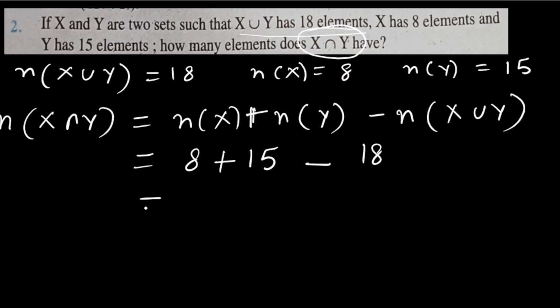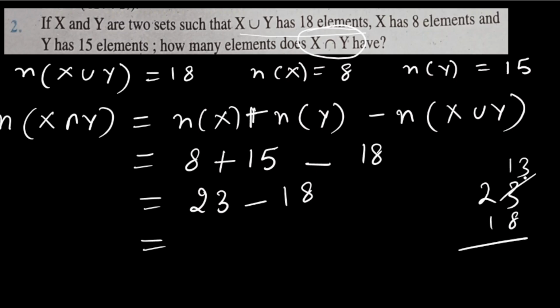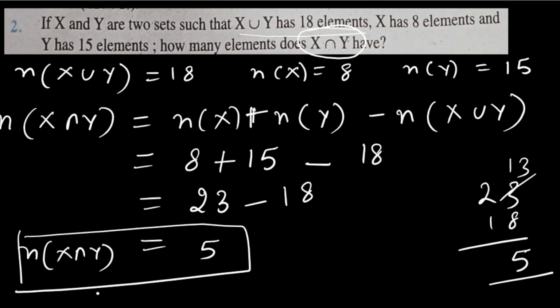Here I have written all the values. 8 plus 15 is 23. 23 minus 18, so let's do the subtraction. I want to do everything properly so that our question won't go wrong. This is 5. Okay. So the number of elements in X intersection Y is equal to 5.